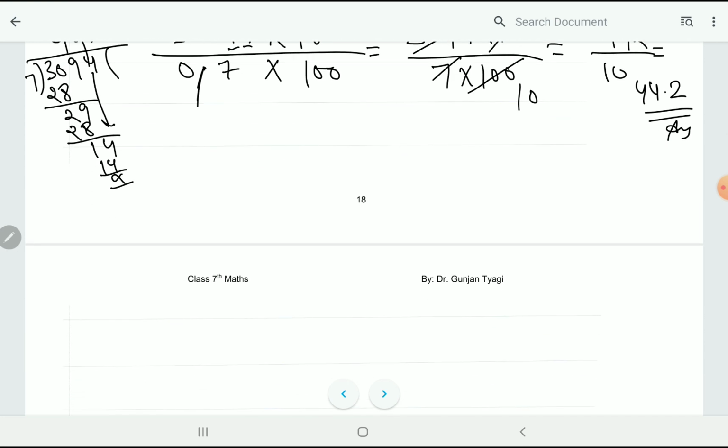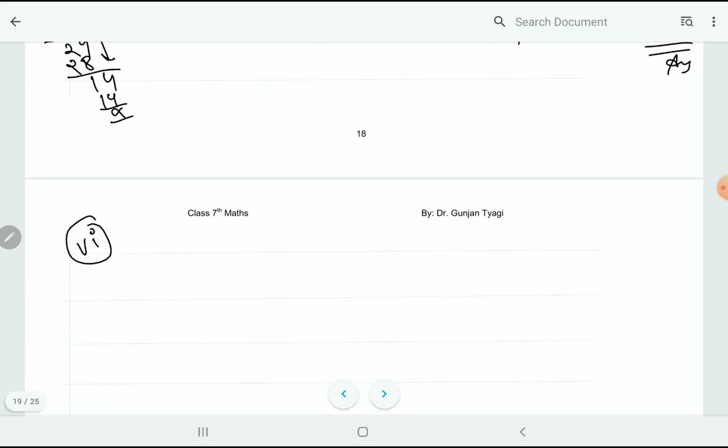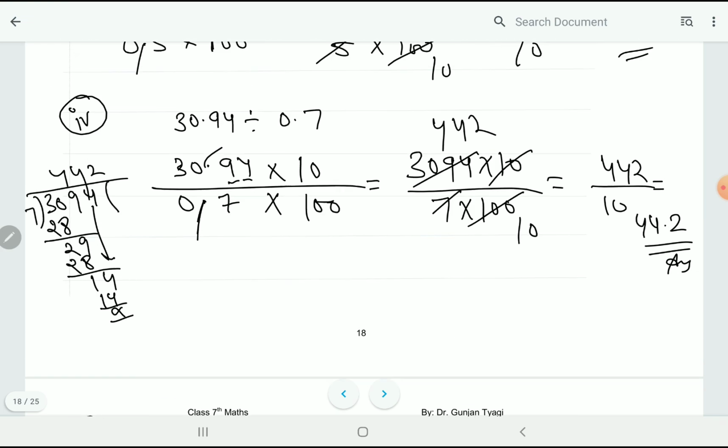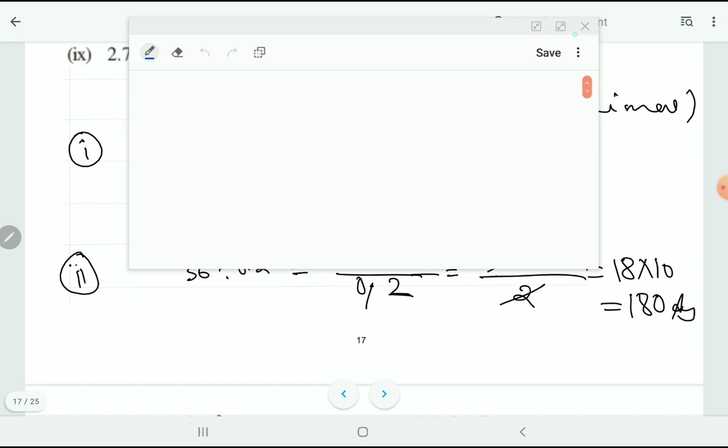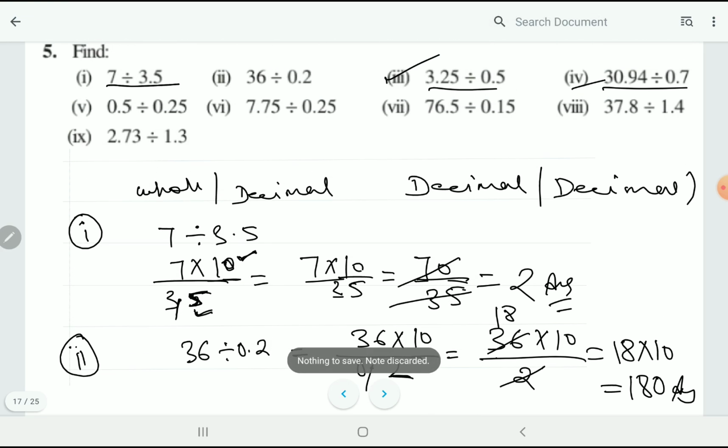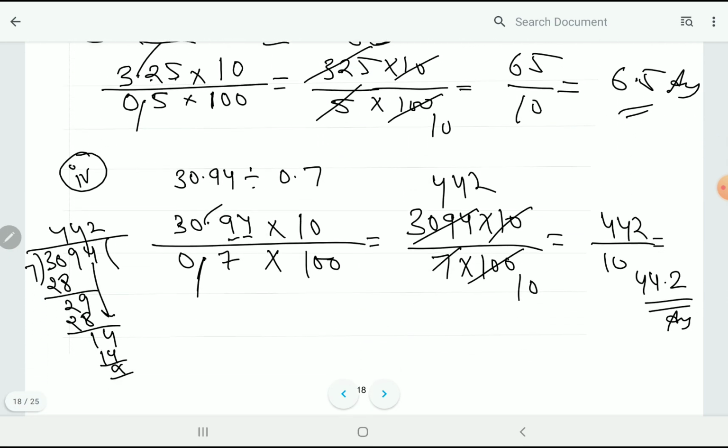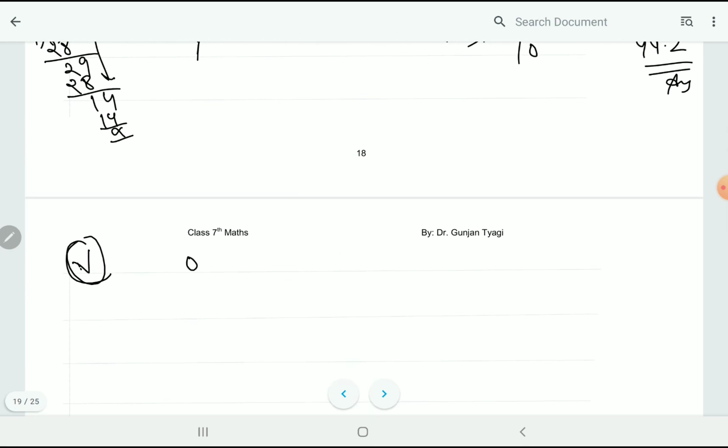Let's do the fifth part of the same question. The fifth part is 0.5 divided by 0.25. Again, remove the decimal from both places.